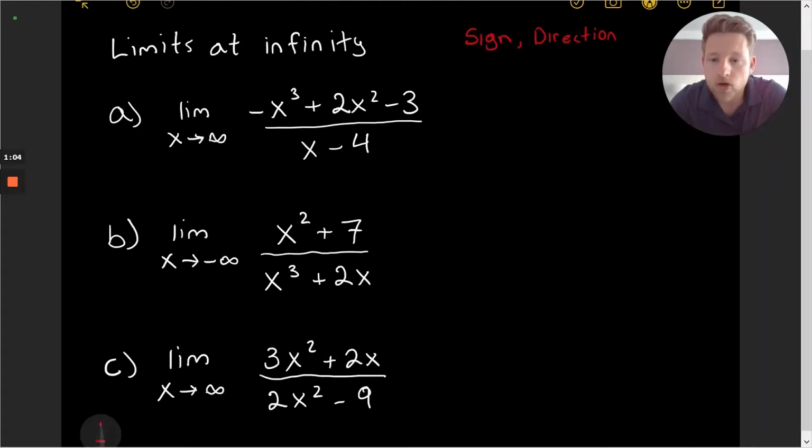In terms of sign here, let's consider, again, the leading terms are going to be what rules these rational functions. We have a negative x cubed as the leading term on the top and an x term in the denominator. As x goes to infinity or gets really, really large, the numerator is going to overpower that denominator, meaning that in terms of our direction, we are tending off towards an infinity of one kind or another.